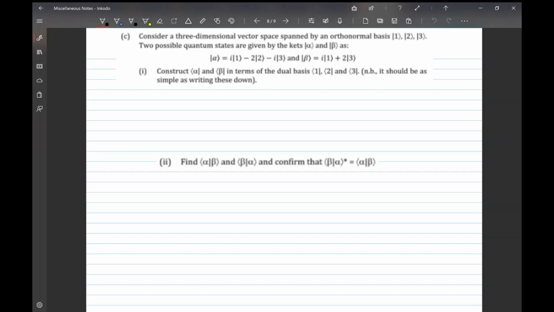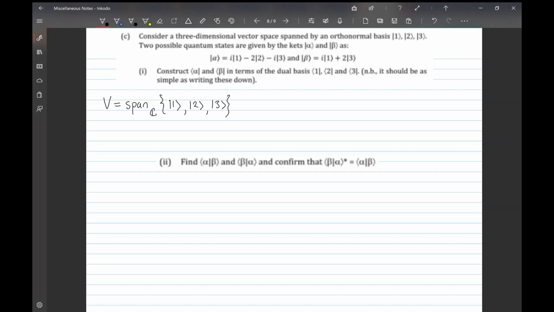Okay, so we may like to just write down a few things first. What is this vector space? This vector space is the complex span of these symbols here. 1, 2, 3.